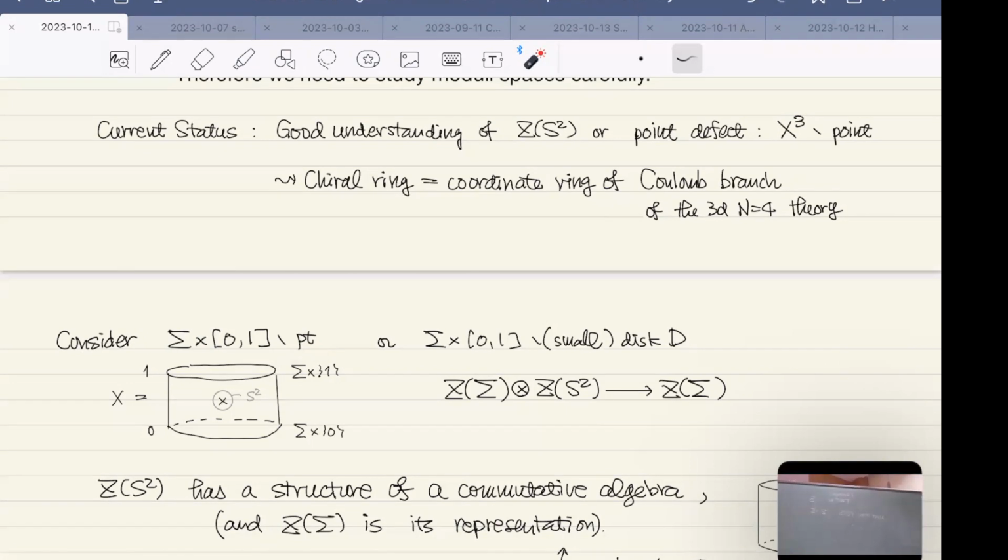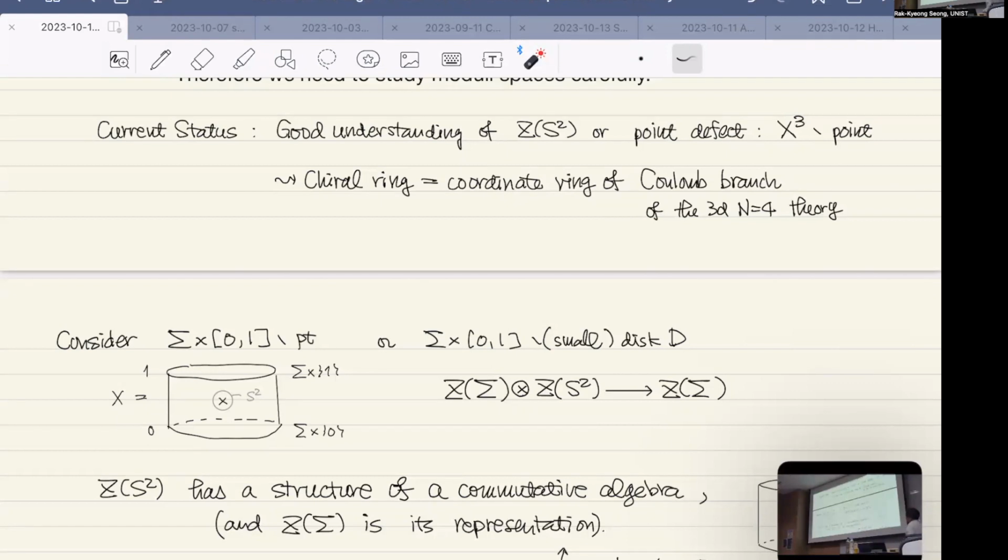Maybe I put a small ball around this point. Then here you have three boundaries: Sigma cross 0 is the bottom, Sigma cross 1 is the top, and also S^2 in the middle. Then by the rule of topological quantum field theory, you should have a map from Z of Sigma tensor Z of S^2 to Z of Sigma.